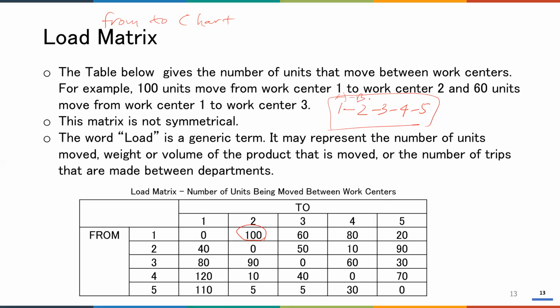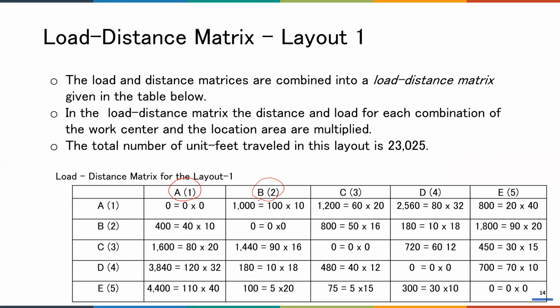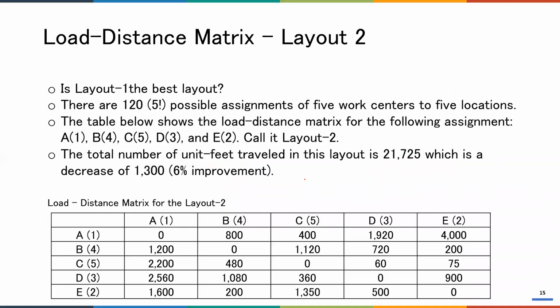So for example, this A, B, C, D, E before, the sequence should be A, B, C, D, E. So does the sequence for the load matrix. And then we can calculate the load distance matrix for layout one. This is the example. Just calculate it and then sum everything. As I mentioned before, you just multiply Fij by Dij. So you got this.